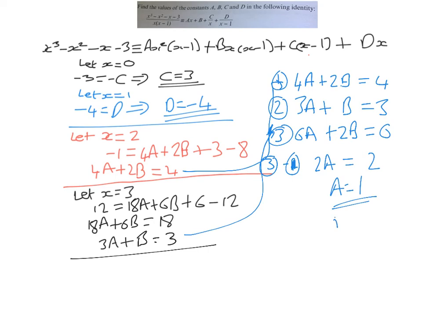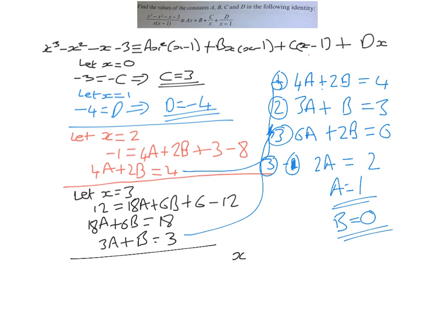And what you may have seen already, which was obvious to some degree from the equations, 4A plus 2B is 4, 3A plus B is 3. You see that B is 0. So we do not have a value for B. It's not there at all. So I can write out the right-hand side now. It would be 1x, so x. B is nothing, 0.